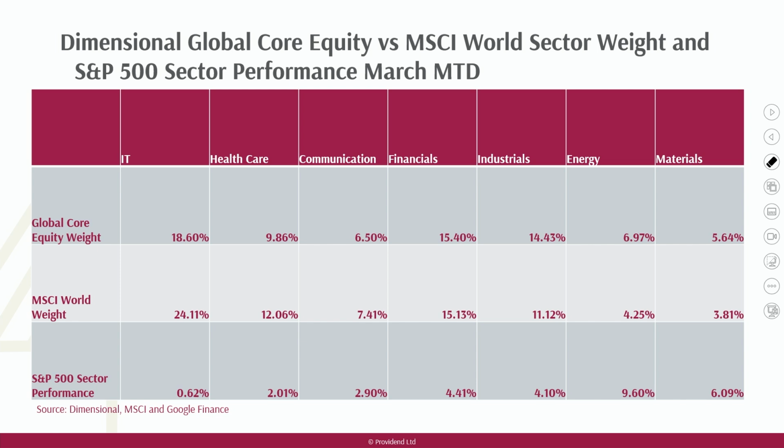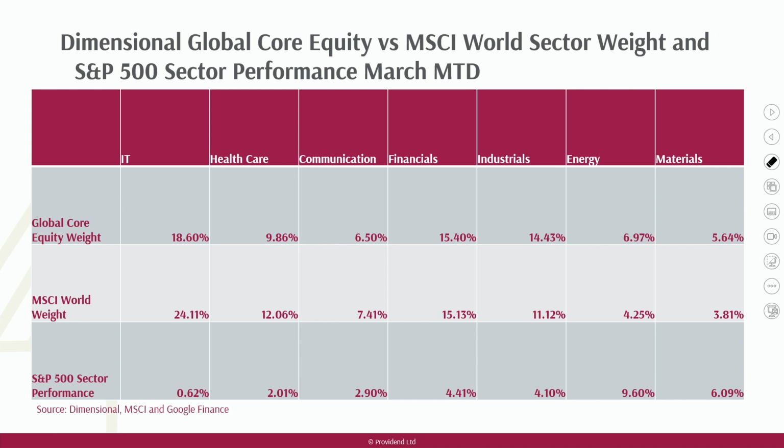For example, industrial in Dimensional Global Core Equity has about 14.43% relative to the MSCI World weight, which has 11.12% in industrial.